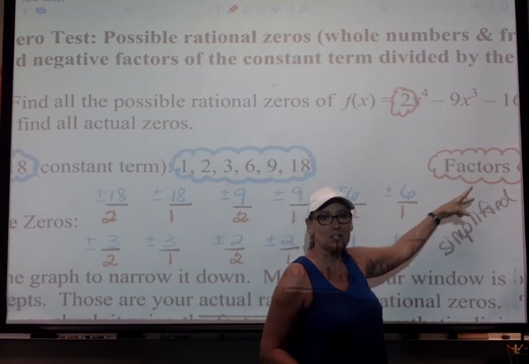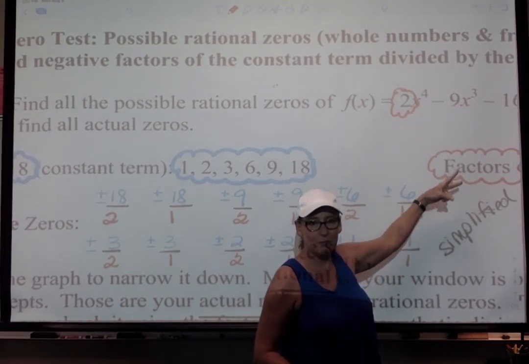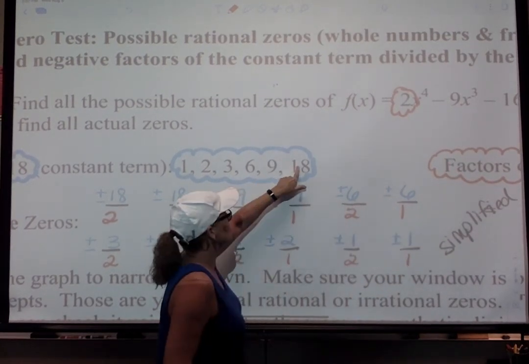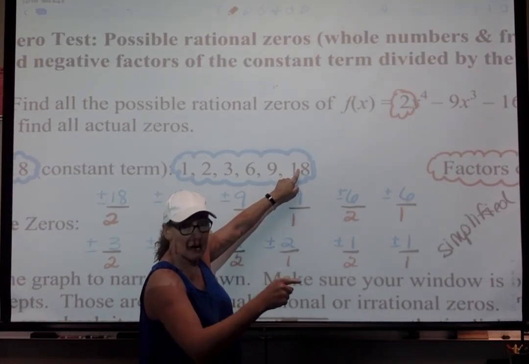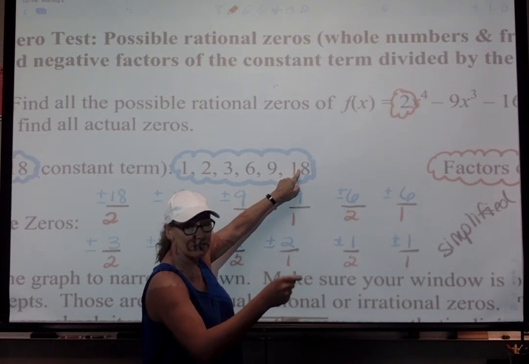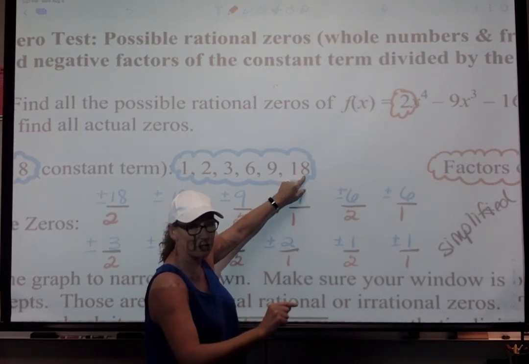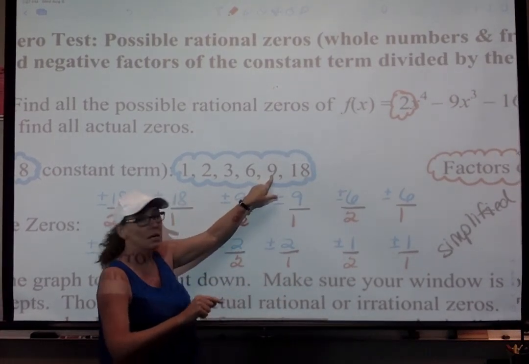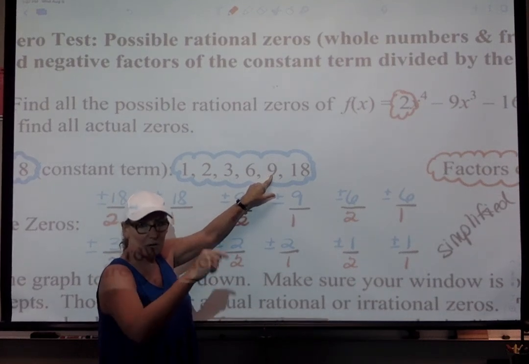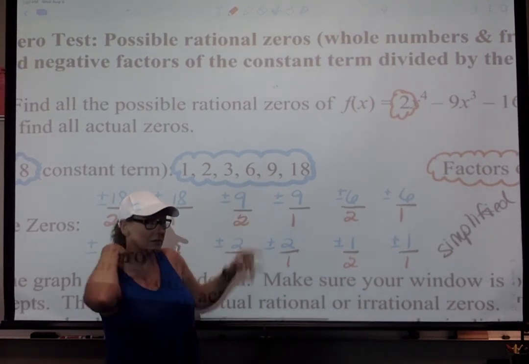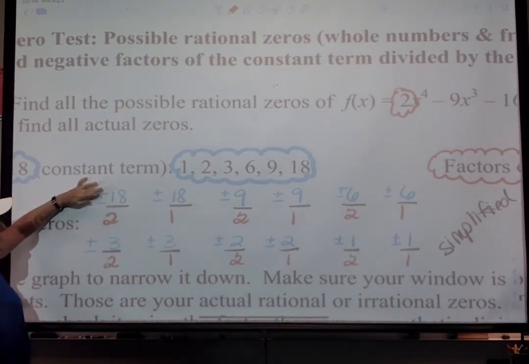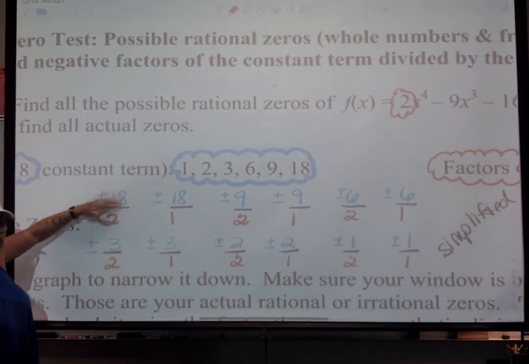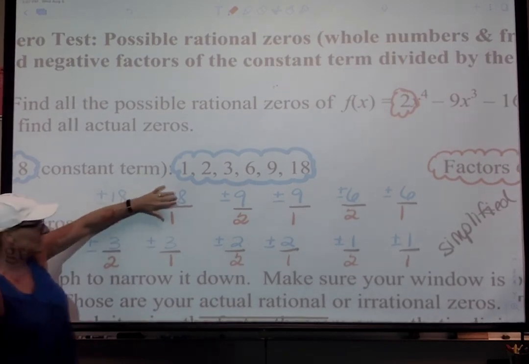Remember what the factors of the leading coefficient were? 1 and 2. So let's do positive this number over 1, positive this number over 2, negative this number over 1, negative this number over 2. On and on. So the quickest way that I can write that is let's do positive negative 18 over 2, positive negative 18 over 1.